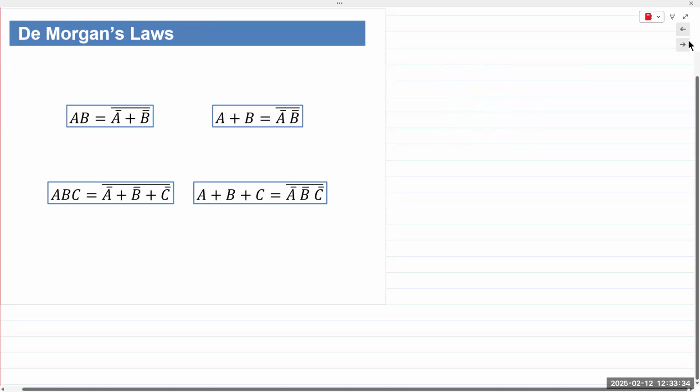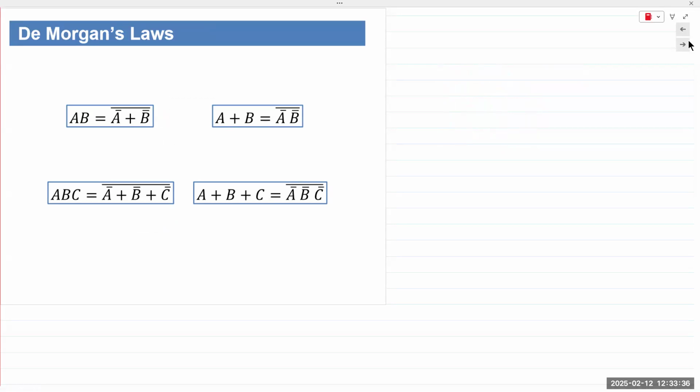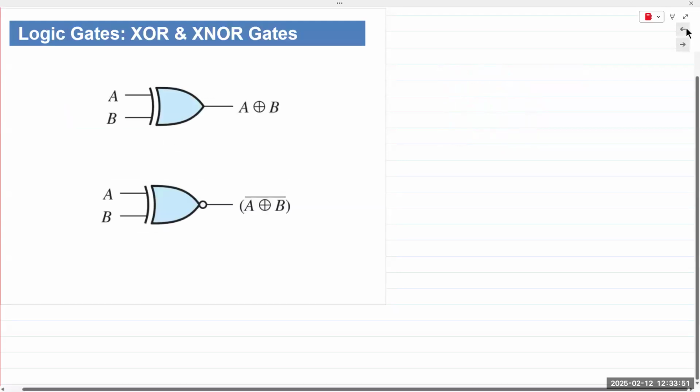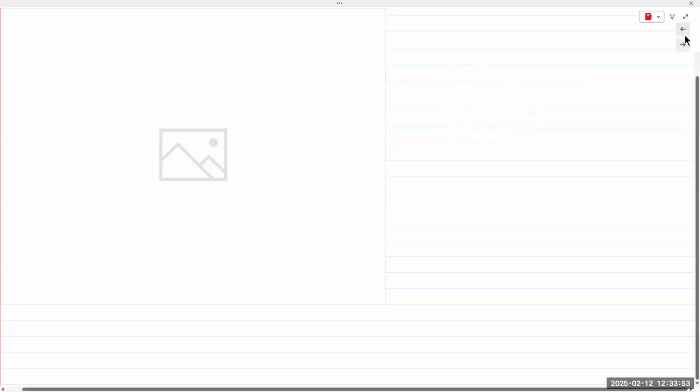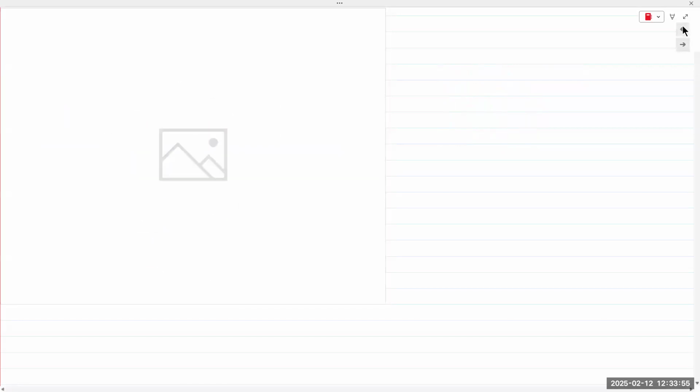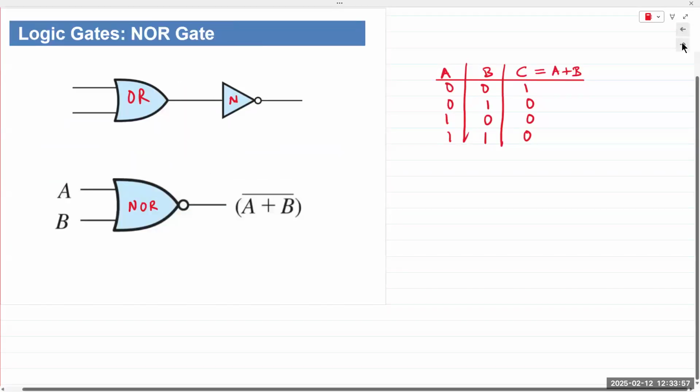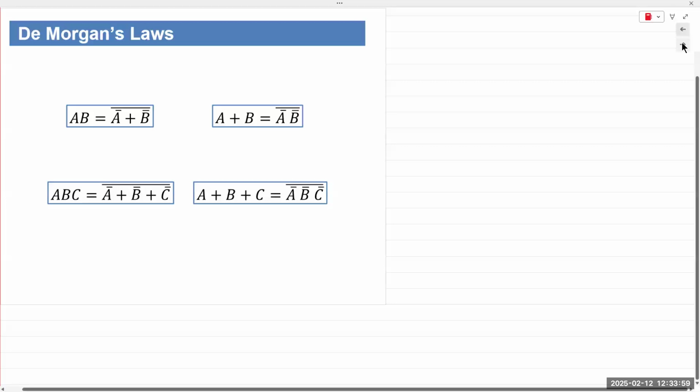So there are similar to arithmetic rules, mathematical rules. We have some rules when it comes to this kind of math. This is known as algebra. It's known as Boolean algebra, after George Boole.